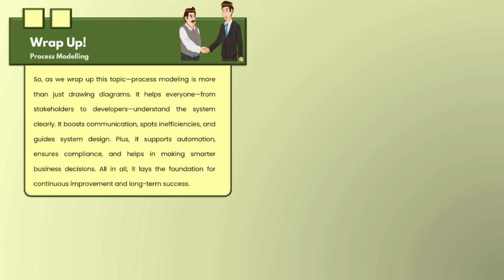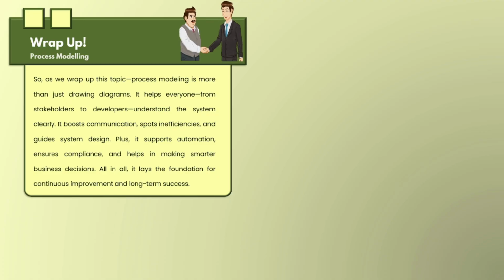To wrap up this topic, process modeling is more than just drawing diagrams. It helps everyone from stakeholders to developers understand the system clearly. It boosts communication, spots inefficiencies, and guides system design. Plus, it supports automation, ensures compliance, and helps in making smarter business decisions.